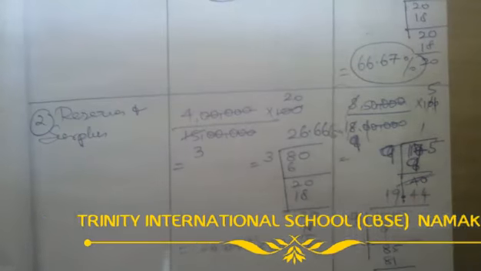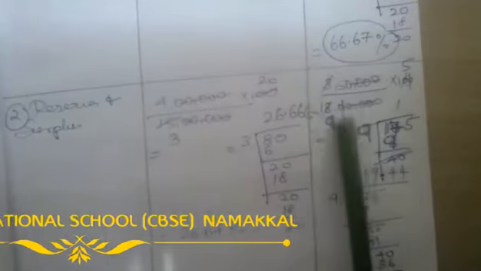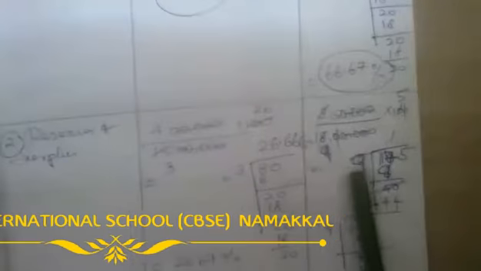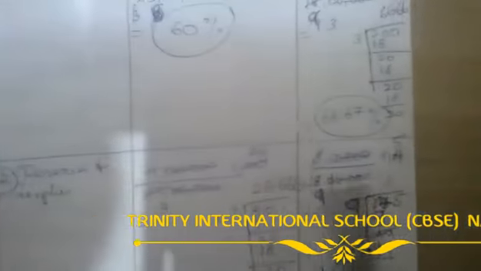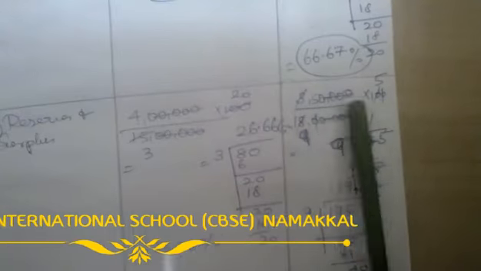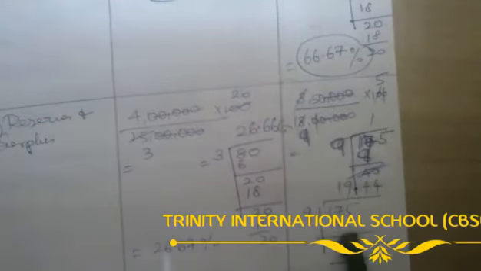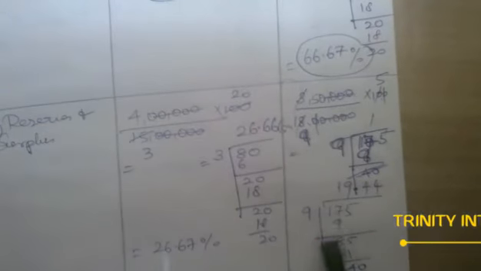Okay, similarly for our Star Limited, again the same manner. See our Star Limited, what is the value of our reserves and surplus? 3 lakh 50. Okay, so 3 lakh 50 divided by our total liabilities 18 lakhs into 100. Once simplified, in the same manner, cut 40 here, 40 here. After simplification, we will get 175. Okay, divisible by 9.